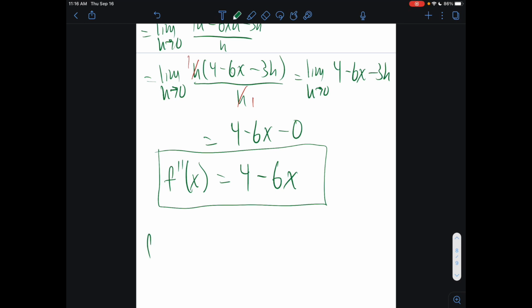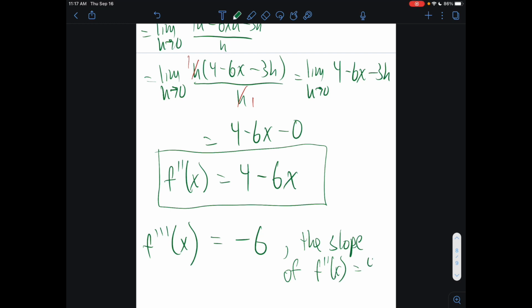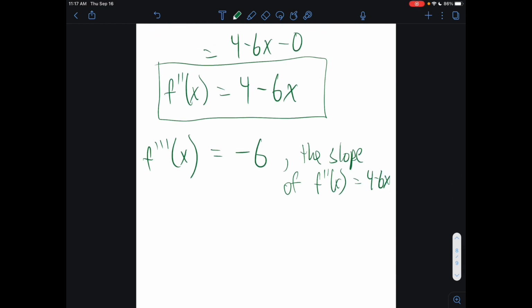So now the third derivative. Do we really need to use the definition at this point? We've seen a few linear functions so far. It's just going to be the slope of the line. And then how about the fourth derivative?